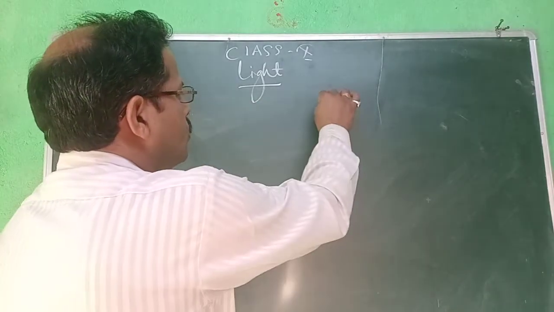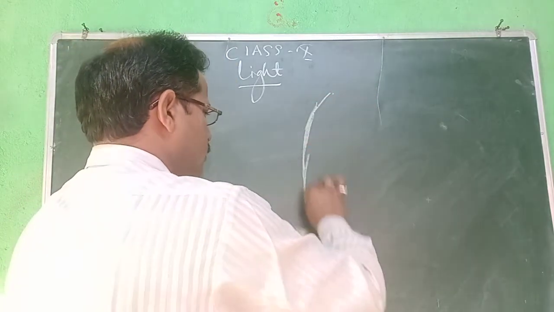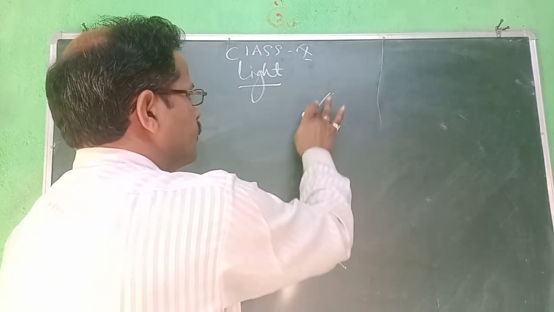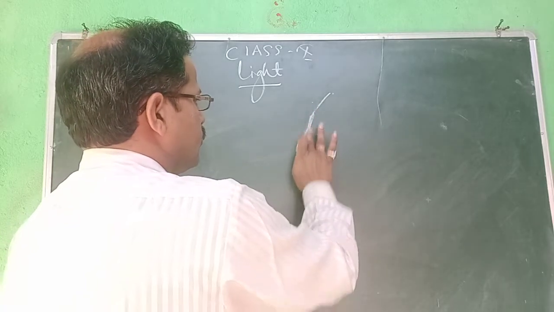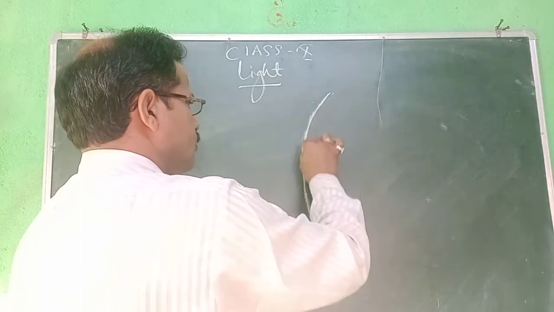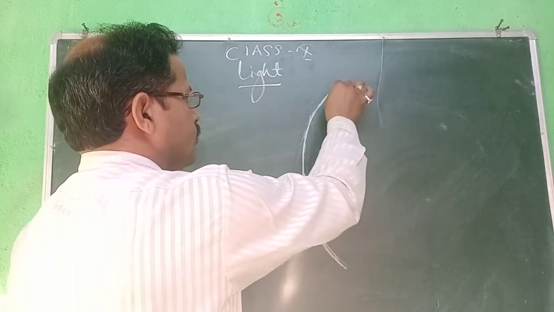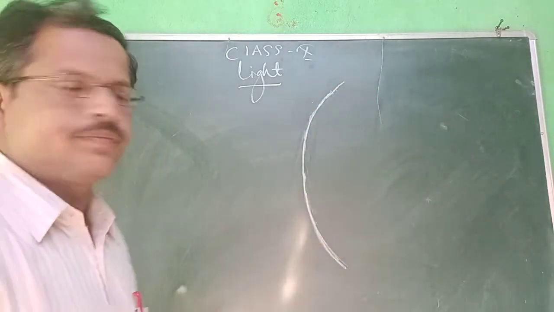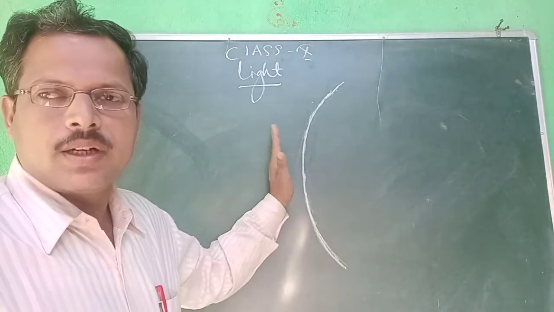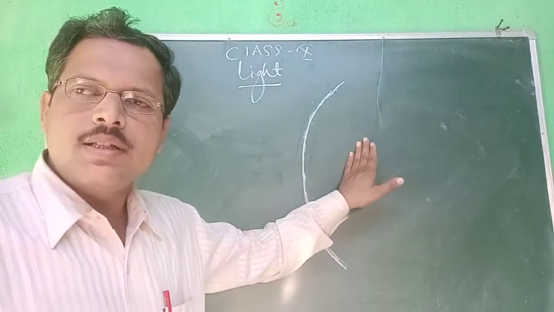So the reflecting part is bulging, like this. This is the reflecting part, the front side of the mirror, and this is the back side.